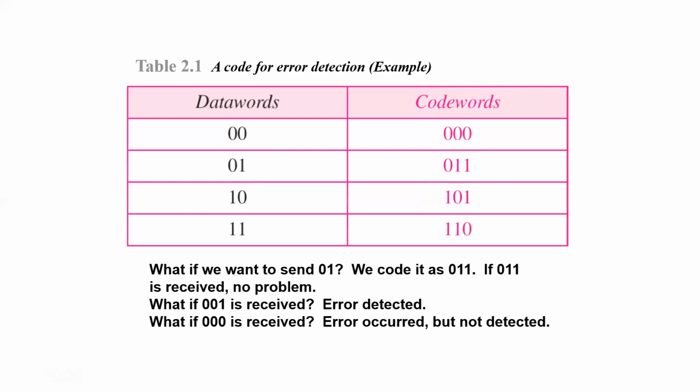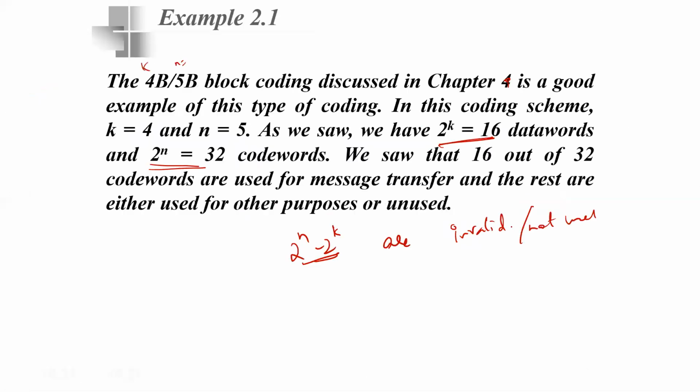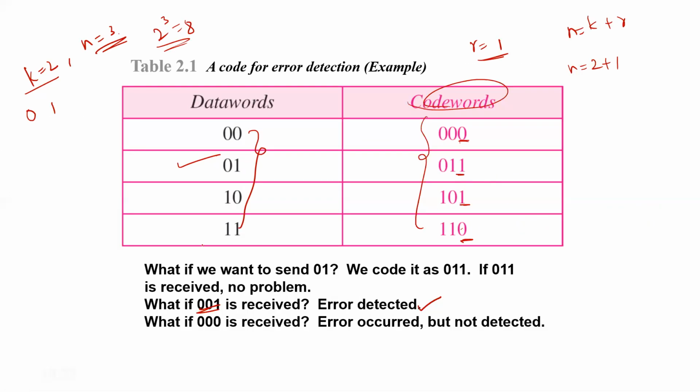If you remember, there is a checker step. It will detect that there is an error. So this is the case where 001 is received. Now, instead of that 011, we are receiving all zeros. The sender is sending 011, the receiver is receiving all zeros.